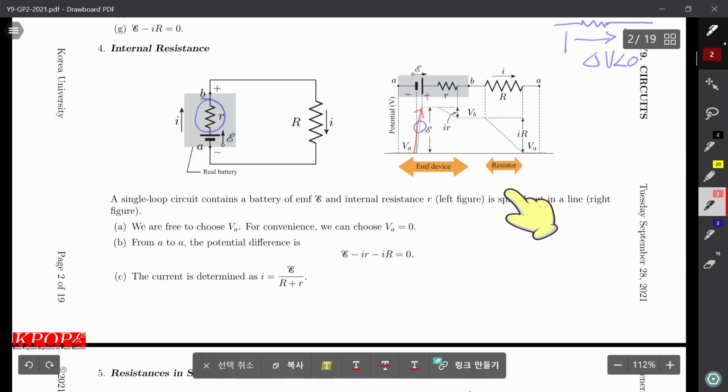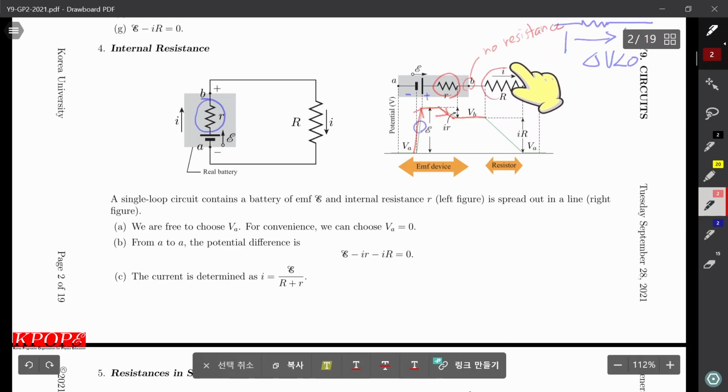And there's a small resistance. So when we pass the resistor, potential decays. And when we pass the wire, potential is flat, doesn't change. Assume this has no resistance.